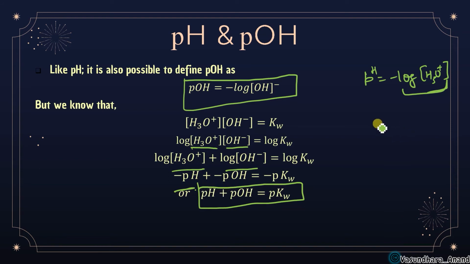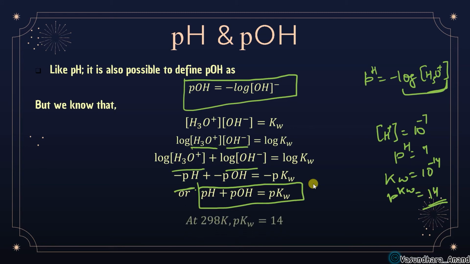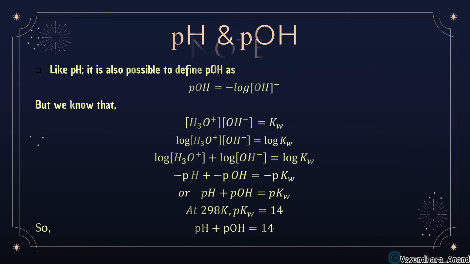Like if H plus concentration was 10 to the power minus 7, we have seen how pH will come 7, isn't it? Similarly, if Kw is equal to 10 to the power minus 14, so pKw will be what? 14, isn't it? So at 298 K, pKw is equal to 14. Clear? And pH plus pOH will be 14, we can say.